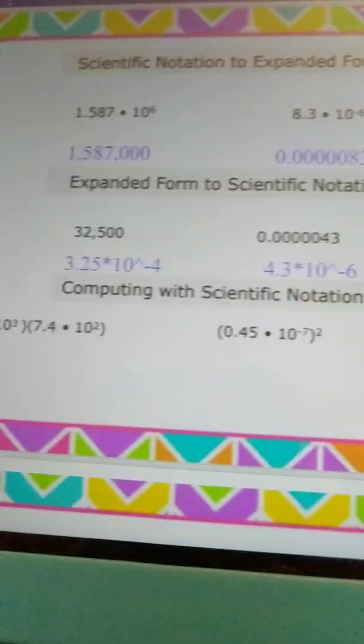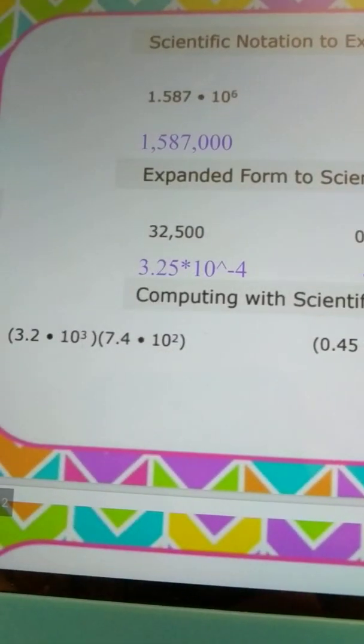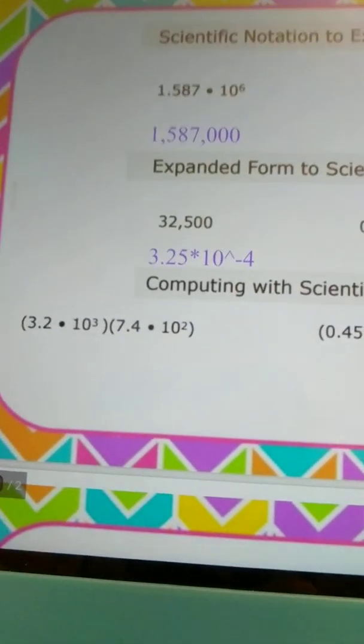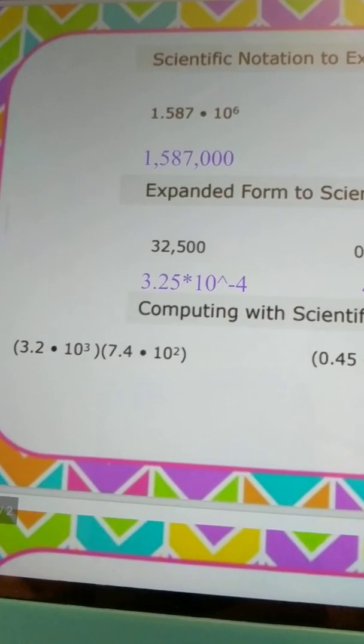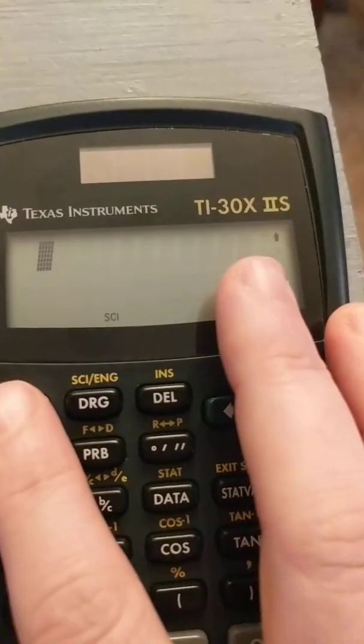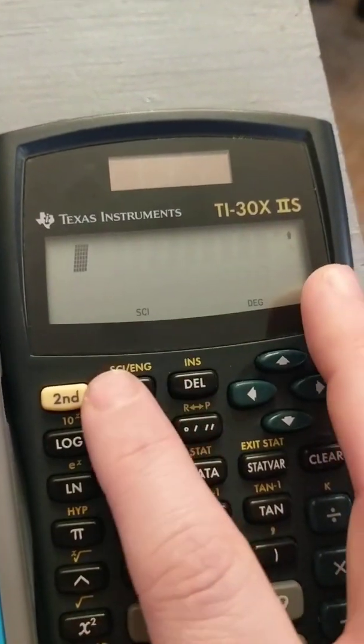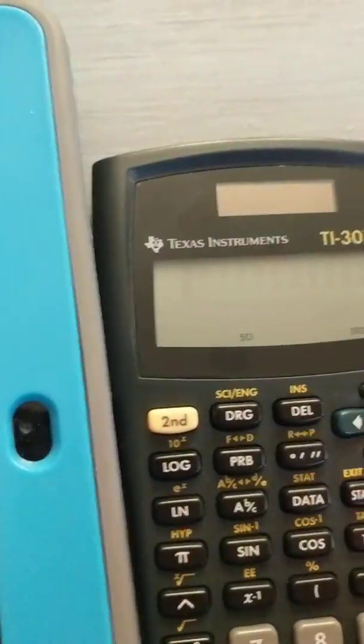Okay, now on these problems down here, it's wanting you to compute scientific notation. One thing to remember on these is to make sure that you add these parentheses. If you don't add those parentheses, your calculator won't put it in right. So again, you want to make sure that you've got it in the second and the scientific, which ours is still in because we haven't taken it out.